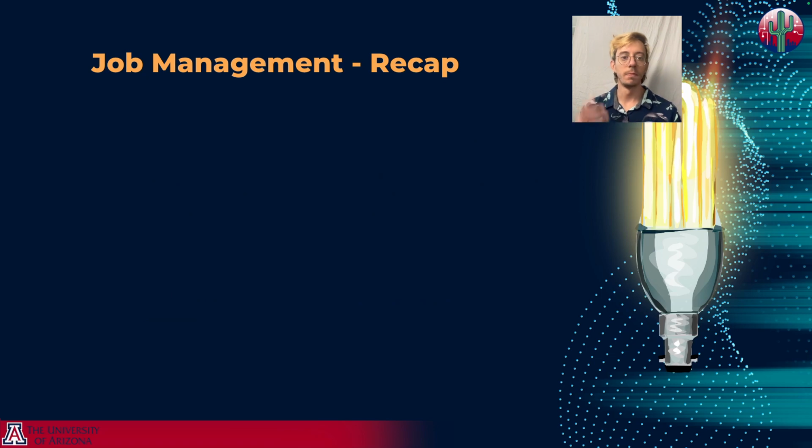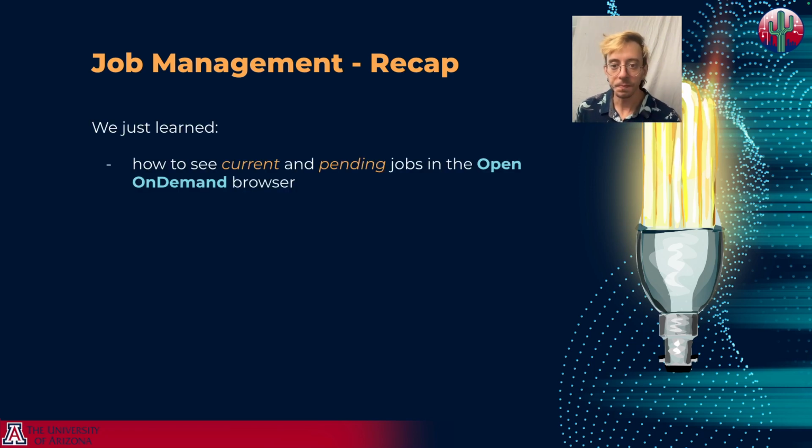Okay, so that's it for job management. There's a lot of different ways that we can go about getting information about our different jobs. We can use built-in commands from Slurm, or we can use other commands. So let's recap. In order to see current or pending jobs in the Open OnDemand browser, we can use the tools that we saw earlier, the buttons that you can go press on the browser.